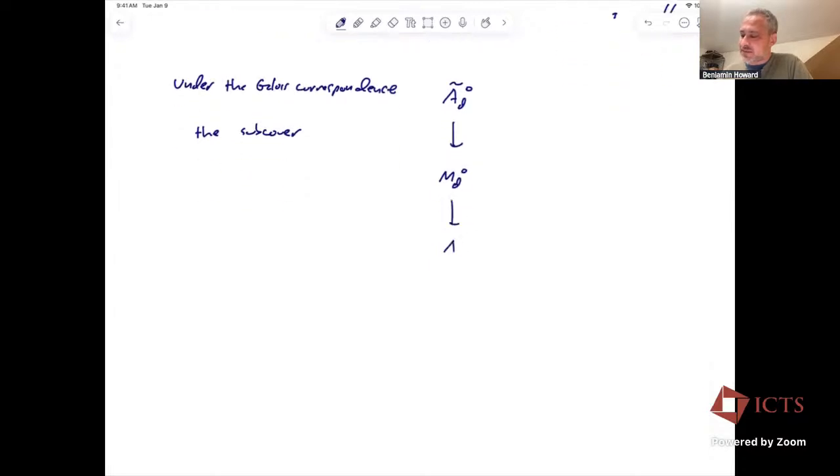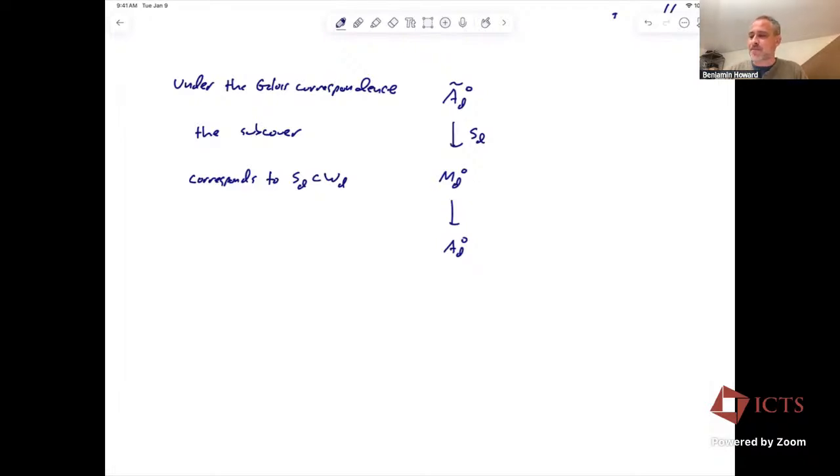But that's some intermediate cover inside of this Galois extension, so it corresponds to some subgroup. And from the explicit description of the group of deck transformations of this Galois cover, it corresponds to the subgroup, the symmetric group inside of WD. So this top guy is a Galois cover with group the symmetric group.